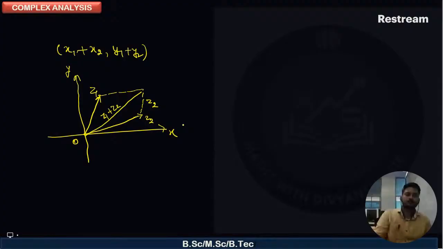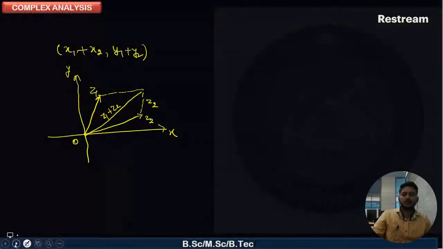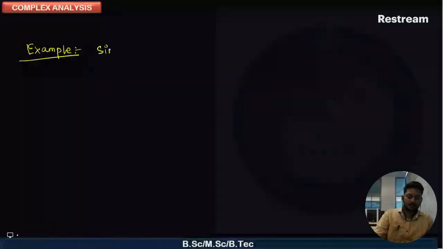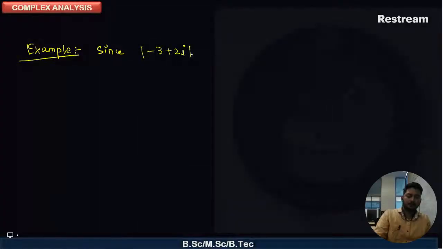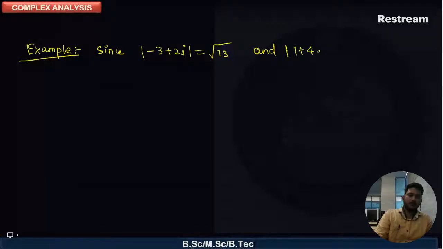Now the example is written like this: take the modulus of 3 plus 2i, which gives you root 13, and one more vector is 1 plus 4i, which also gives root 13.